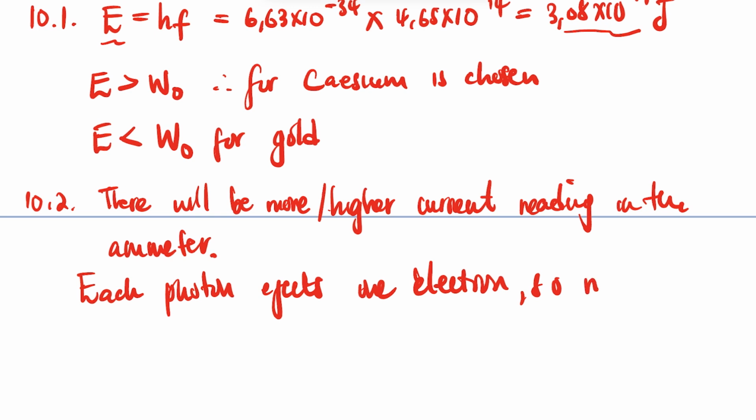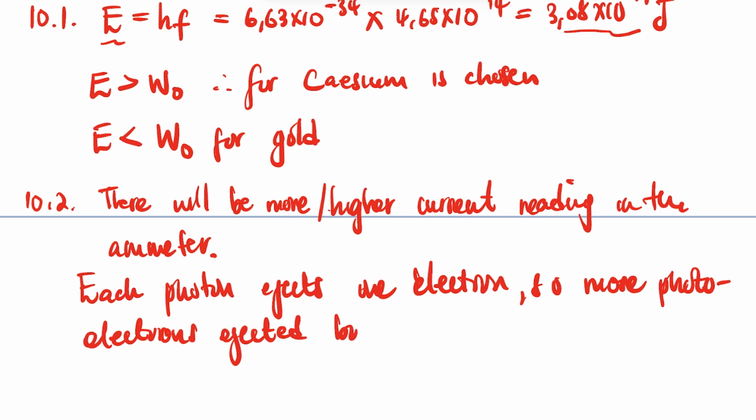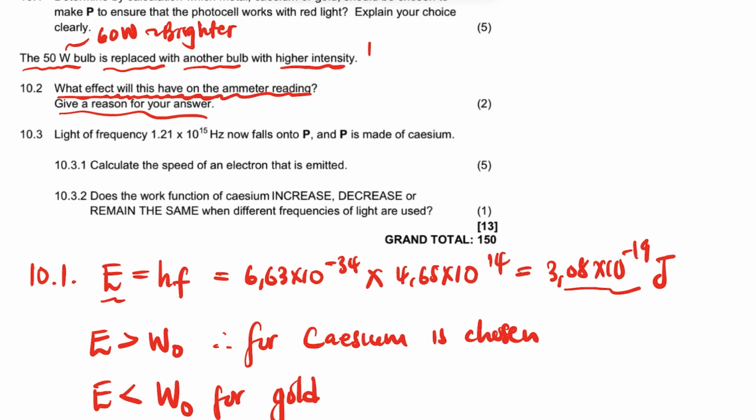So the more photons, the more photoelectrons ejected per second. There will be more photoelectrons ejected per second, guys, if the brightness increases. Okay, we're done with that.